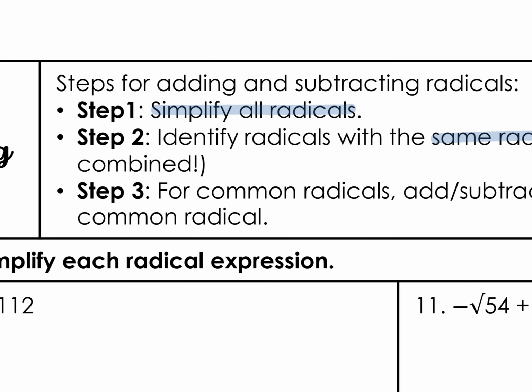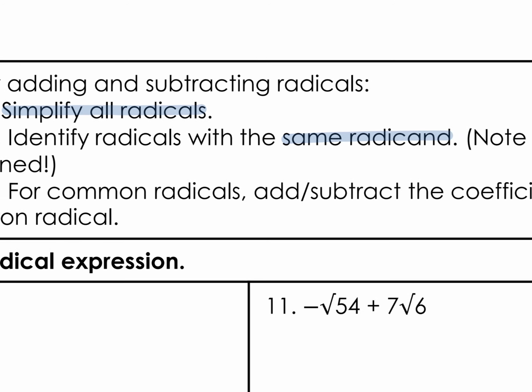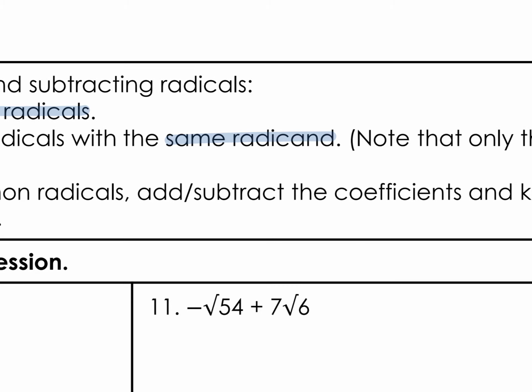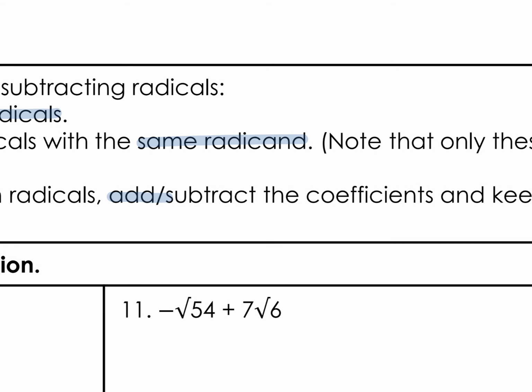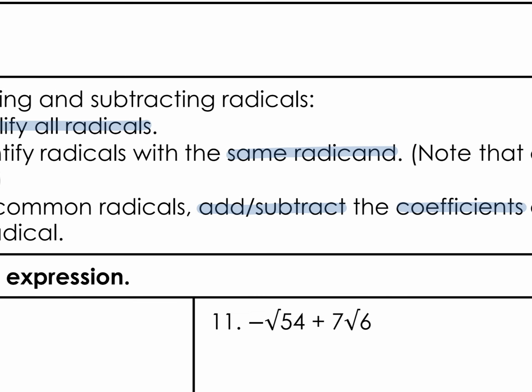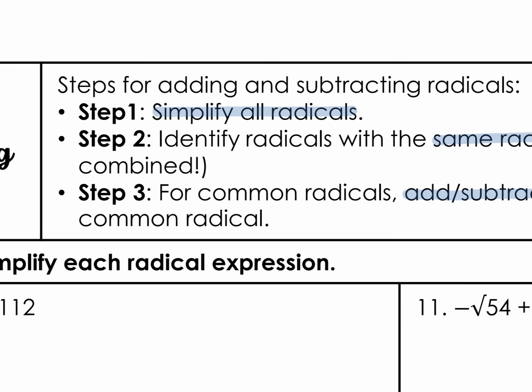Think about it like with your variables, we can't add 3x plus 2y. They're not the same. Here, you can't add or subtract any radicals that don't have the same radicand, the number under the radical. And then step 3, for your common radicals, you can add or subtract the coefficients and keep the same common radical.